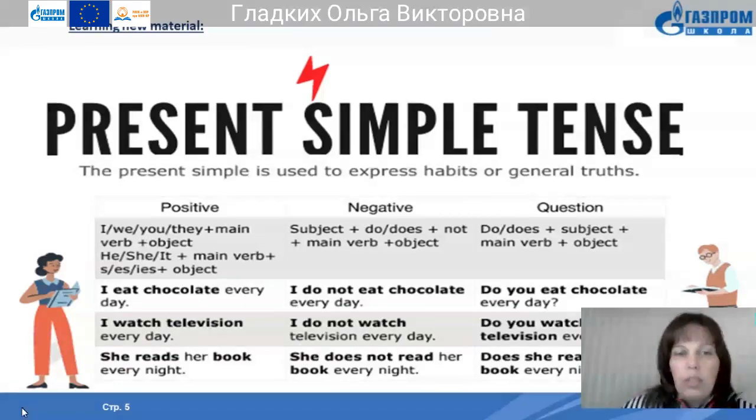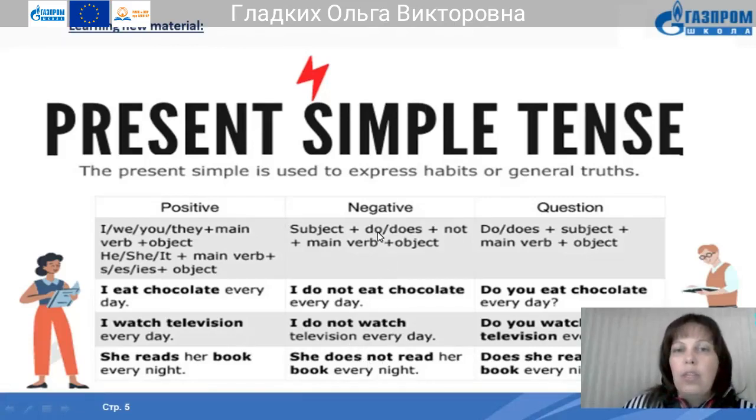And here you can see some examples. I eat chocolate every day. Next, I watch television every day. She reads her book every night.